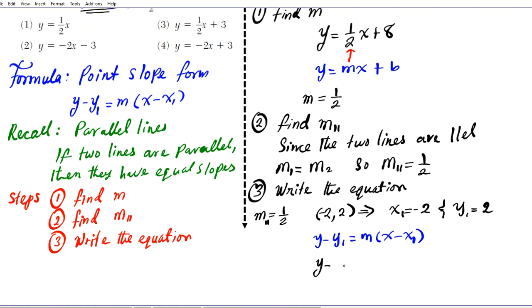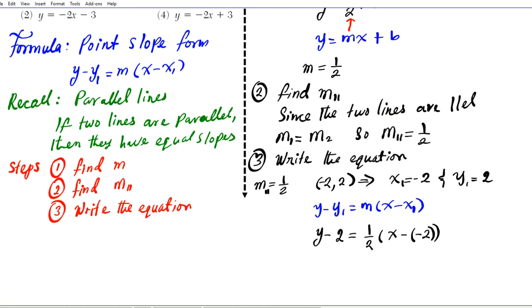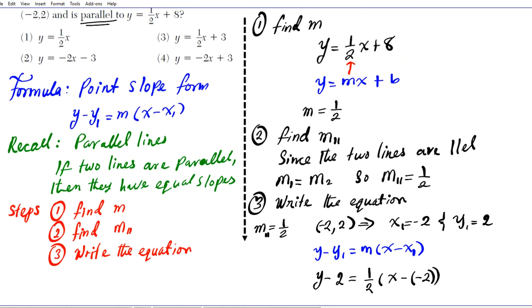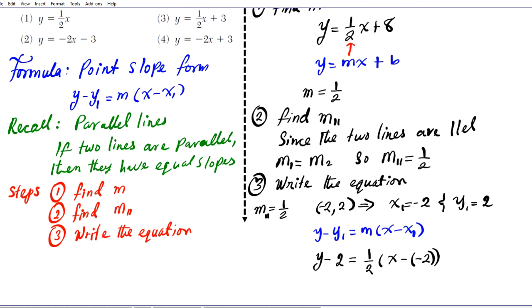So y minus y1 equals m times x minus x1. Be careful here. x1 is negative, so we have minus minus 2. Now we are just going to get y isolated. If you look at the options that we have here, they're all in slope-intercept form, so we need to get y by itself.